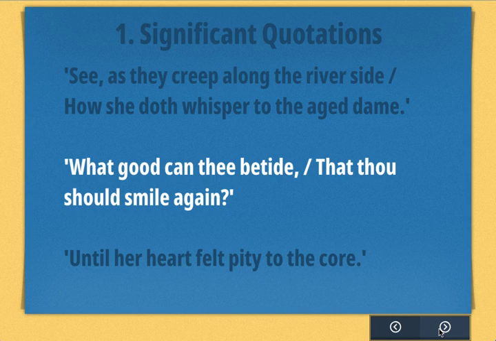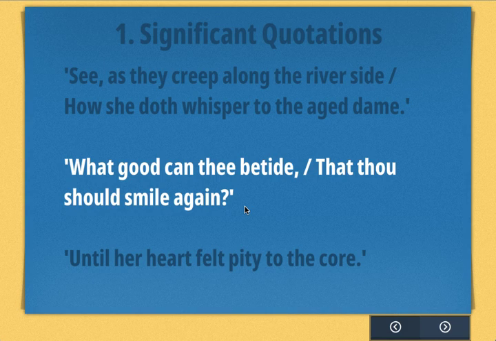I find this bit interesting, "that thou should smile again", because it's unclear to me whether Isabella is a little bit, well, a lot, overwrought and has this intense mania about her, and that she smiles in that.